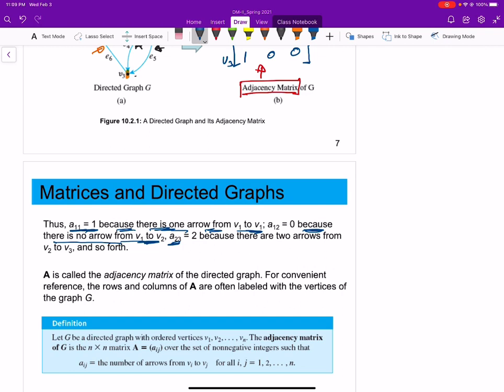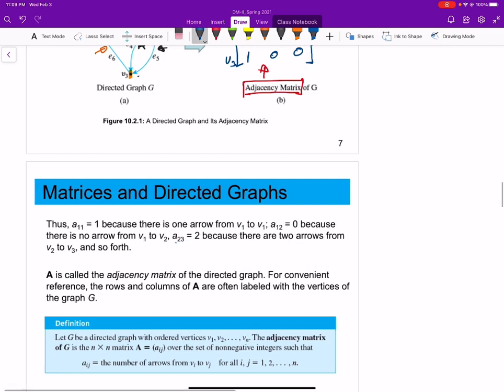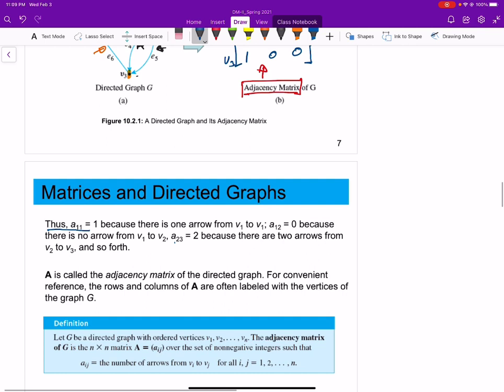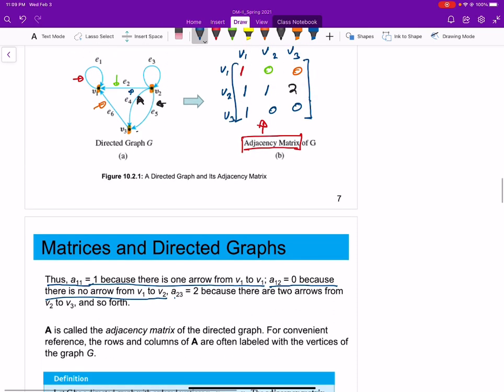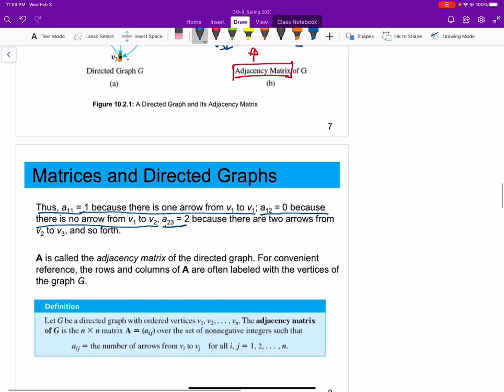Give me a second, I'm just a little confused. Let me repeat this. First it says, thus A11 is 1 because there's one arrow from V1 to V1. A12 equals 0 because there's no arrow from V1 to V2. We explained that. A23 equals 2 because there are two arrows from V2 to V3, and so forth.